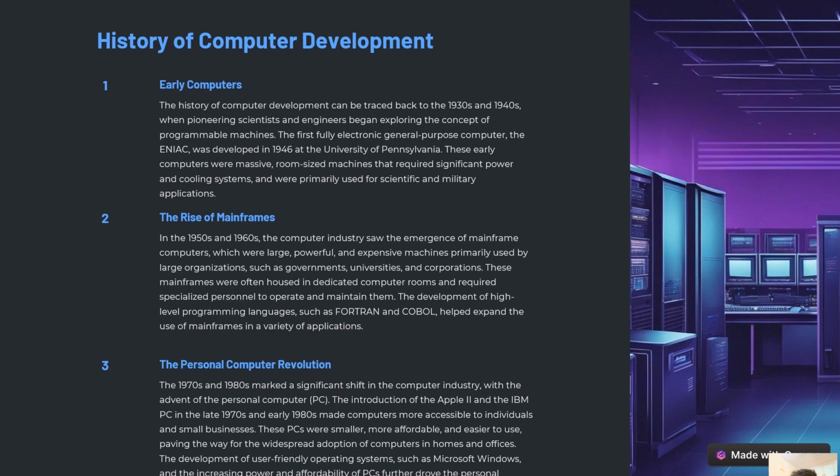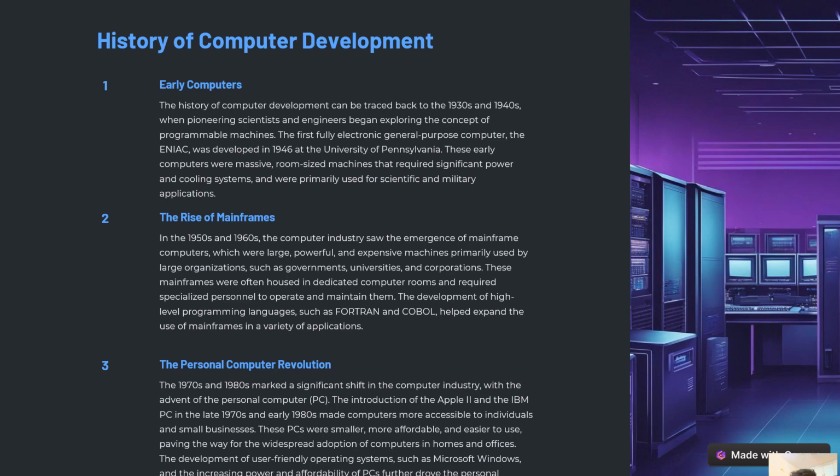These mainframes were often housed in dedicated computer rooms and required specialized personnel to operate and maintain them. The development of high-level programming languages such as Fortran and COBOL helped expand the use of mainframes in a variety of applications.